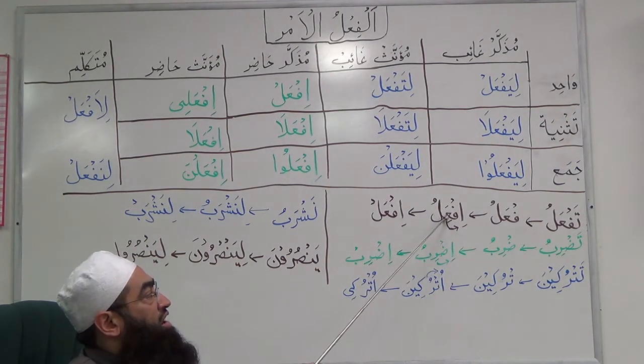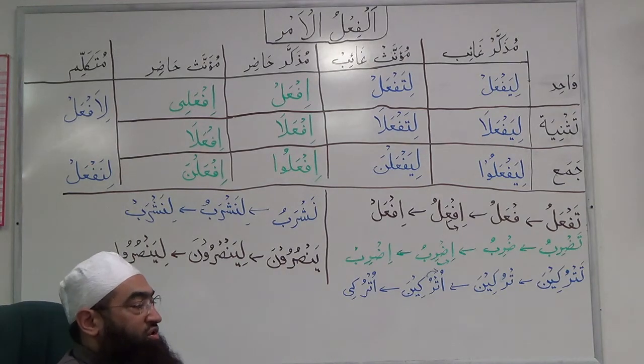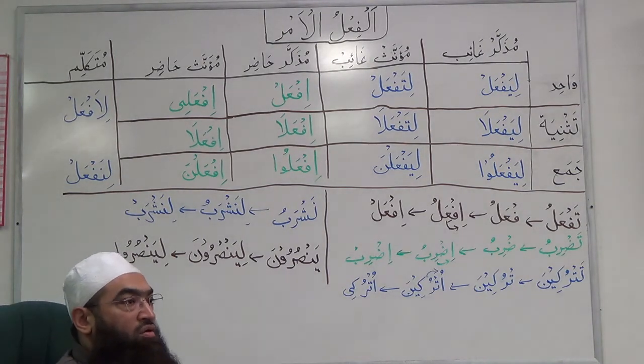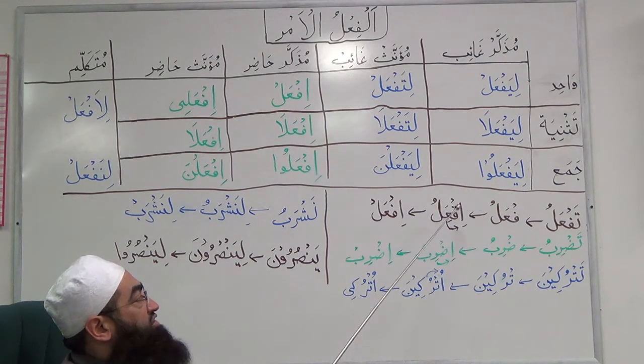To figure out what to put, like a kasra or a fatha or a dhamma, you have to look at the third letter always, or the ayn kalima of the word, fa ayn lam. So if it's daraba, you look at the ra, the ayn kalima. If it's nasara, you look at the sad. You have to see what sign is on it. Is it a fatha? Is it a kasra? Or is it a dhamma?